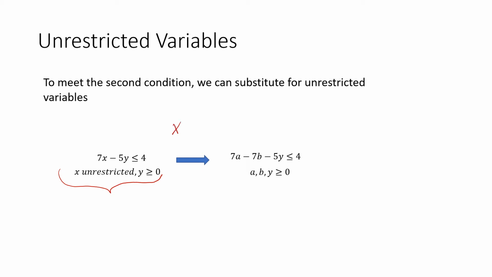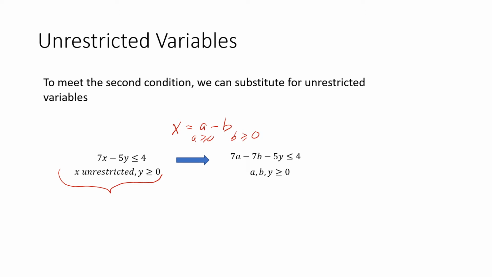We say that x equals a minus b with a greater than or equal to 0 and b greater than or equal to 0. If you think about it, what this is doing is introducing two variables, both of which have to be non-negative, and replacing our unrestricted variable.